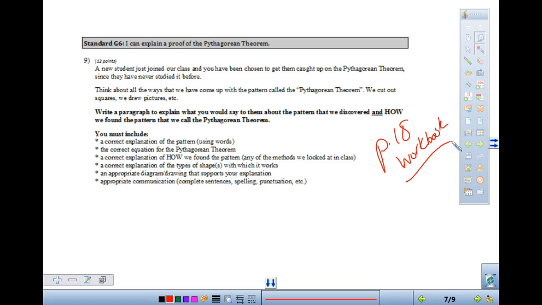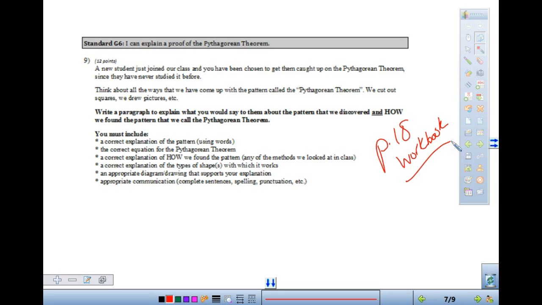Yep. This is exactly right from the test, and it's page 18. And it's worth 12, it's like a third of your test grade. Explaining the Pythagorean theorem, okay? So these are the things that we're going to be looking at. And here's the test question.